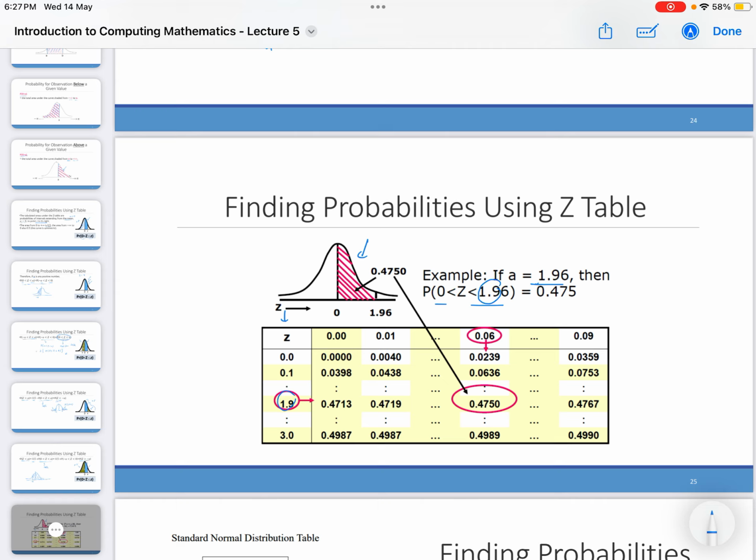Then look at the first row, where we only look at the last digit. The last digit is 6, so we look at 0.06. Then 1.9 plus 0.06 gives 1.96. So this is the probability, and the probability is equal to 0.475.